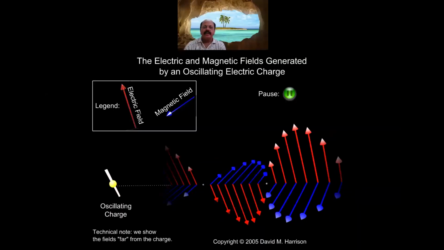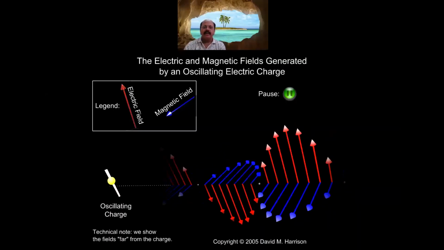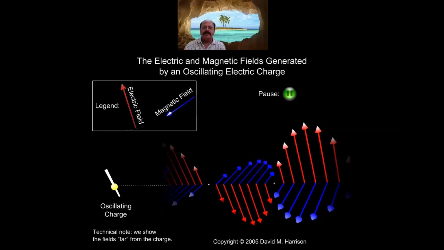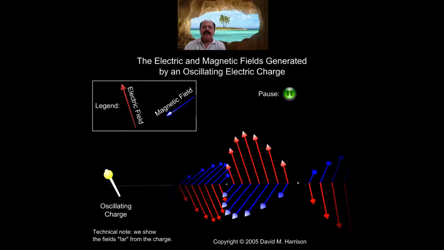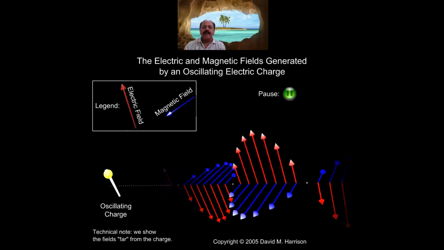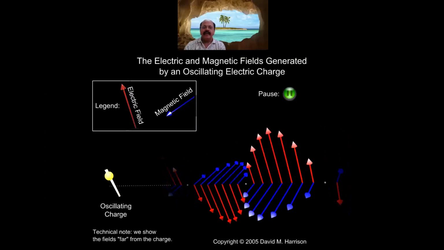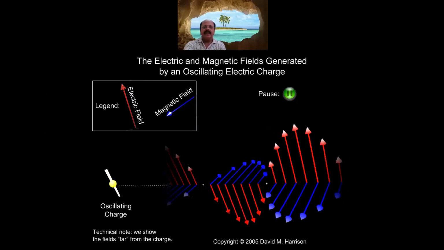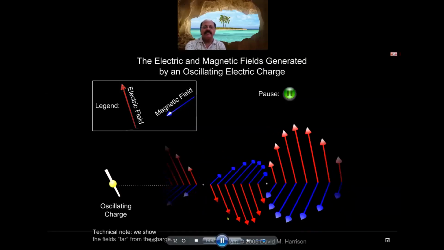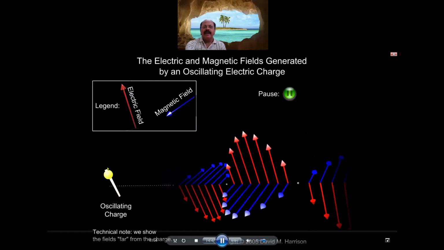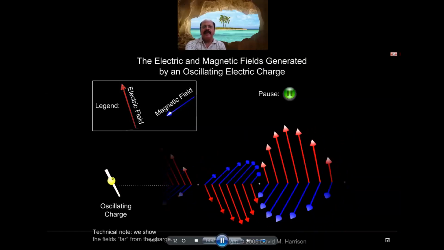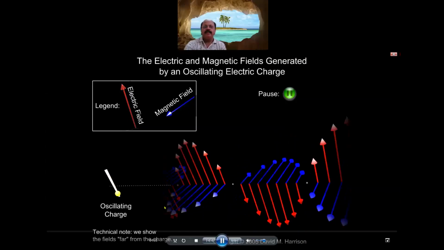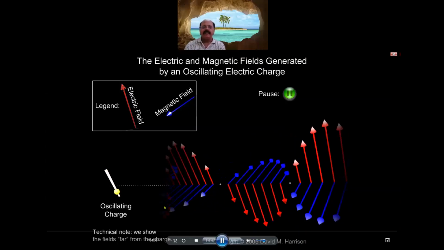Now you can see how the electromagnetic waves are produced. Electromagnetic waves are produced by oscillating an electric charge. You can see in this animation, an electric charge is oscillating, and as a result electromagnetic waves are produced, and they are propagating along the z direction.